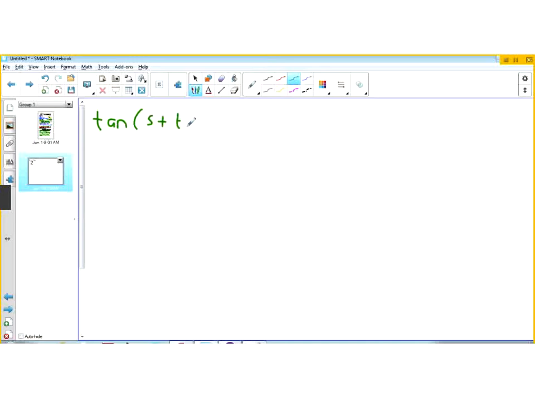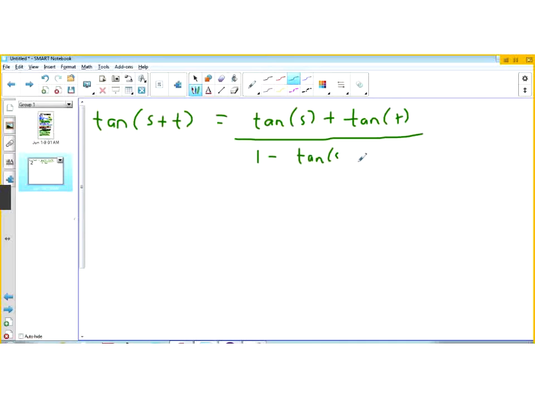So we want to prove the tangent of s plus t is equal to the tangent of S plus the tangent of T divided by 1 minus the tangent of S times the tangent of T.